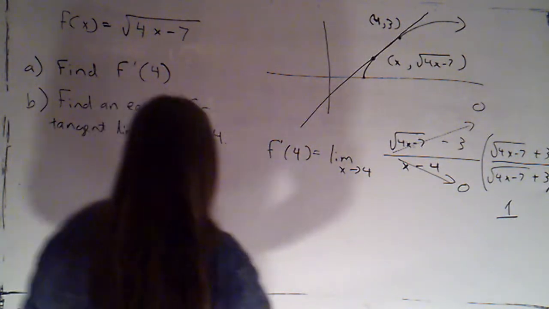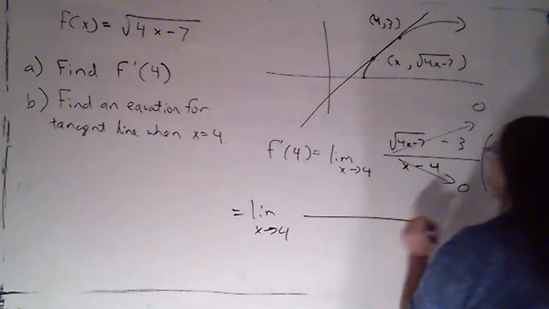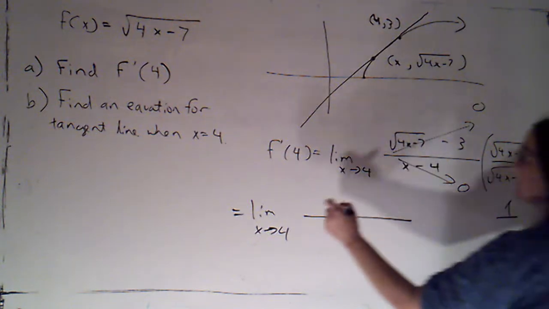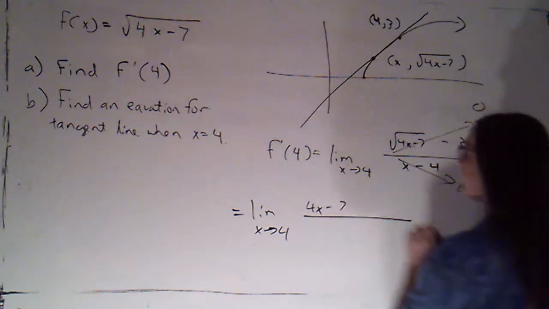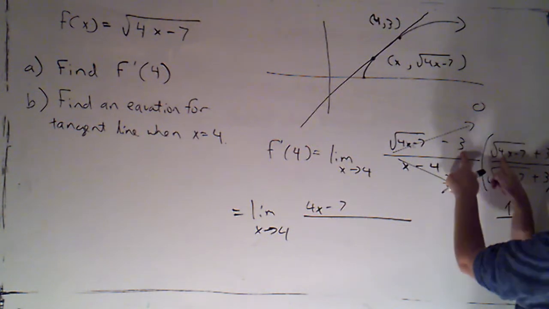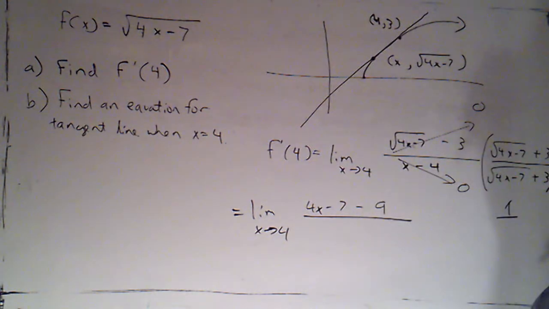Okay, so let's see what that gives us. We're going to have the limit as x goes to 4. Now on top, when I FOIL this out, the first terms just become 4x minus 7. Outsides and insides are going to cancel because they'll be exact opposites, and then I get just minus a 9.